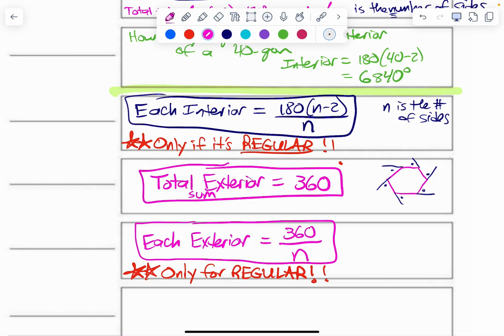And what is n? Okay. So basically what this should tell you is that exterior angles are easier. Hopefully that's what you see there.